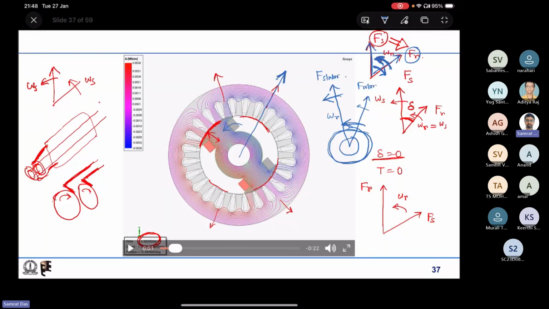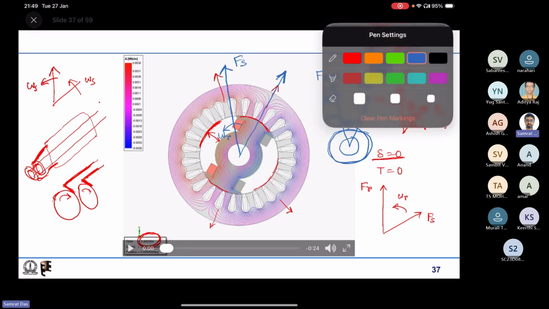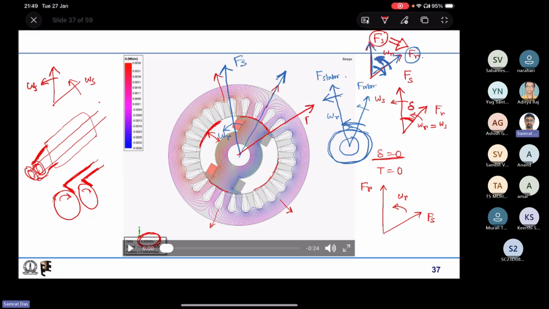If I excite the stator, and at that same instant the stator magnetic field is somewhere here, that means the stator magnetic field is leading the rotor magnetic field for that initial position. But if the stator excitation is such that the stator magnetic field is not here but here, then the stator magnetic field is lagging the rotor magnetic field. Is it clear?